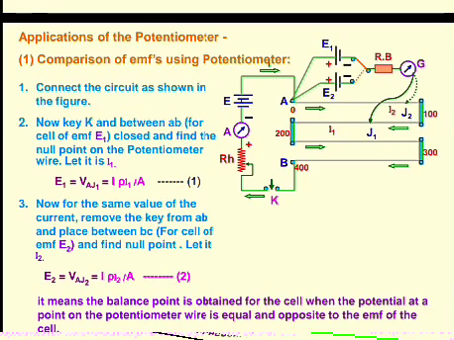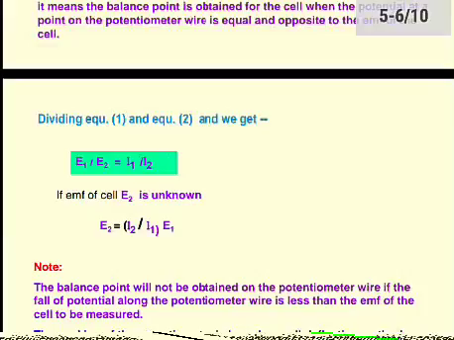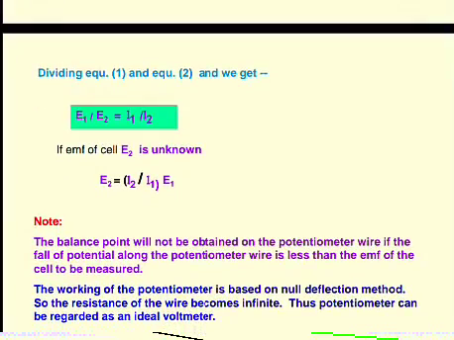From these equations we divide both and find the ratio of the EMFs of the cells. We get E1 upon E2 is equal to L1 upon L2. That means the ratio of the EMFs of the cells is equal to the ratio of the balancing lengths of the potentiometer.